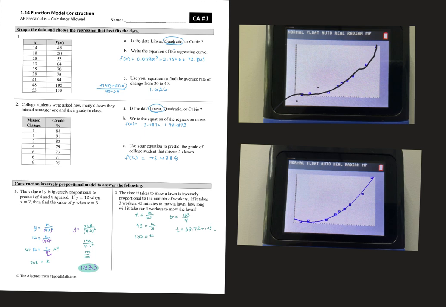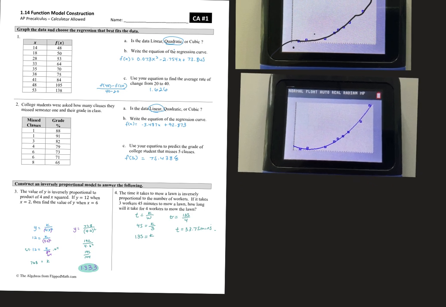Y1 of 40 minus Y1 of 20 over 40 minus 20. I got 1.6522.